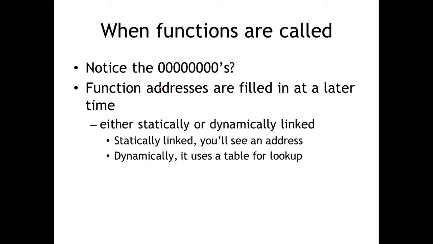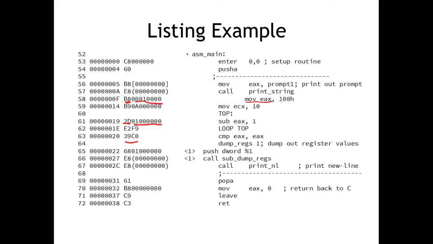All right, the other thing that you'll want to notice is when functions are called. You can see here that we have this instruction, call print string, and you can see that E8 is call, but then we have these parentheses with all zeros. Well, what does that mean? That is because we're looking at something that hasn't been linked yet. When you're building an executable, with static linking or dynamic linking, we need to know the address of that function.